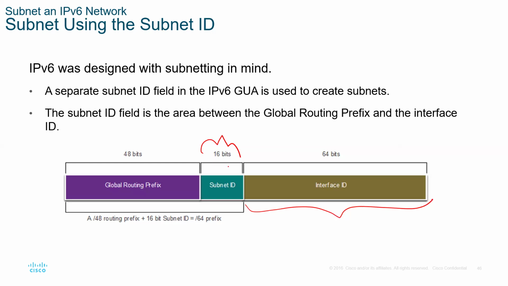So generalizing, we say the prefix is 64 bits and the interface ID is 64 bits. But in actual fact, the prefix is made up of the global routing prefix plus the subnet ID. The global routing prefix has 48 bits, and the subnet ID has 16 bits.